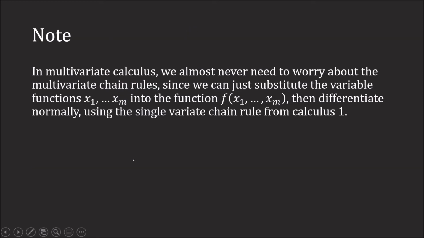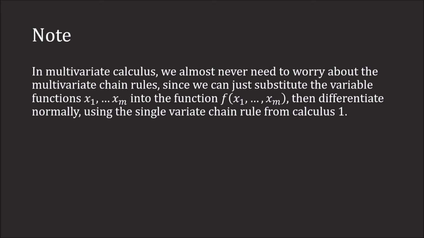Now, in multivariate calculus, we almost never need to worry about the multivariate chain rules, and this is because we can just simply substitute the variable functions x1 through xm into the function f of x1 to xm, and then differentiate normally using the single variable chain rule from Calculus 1.